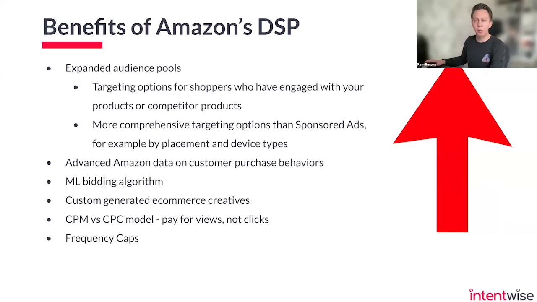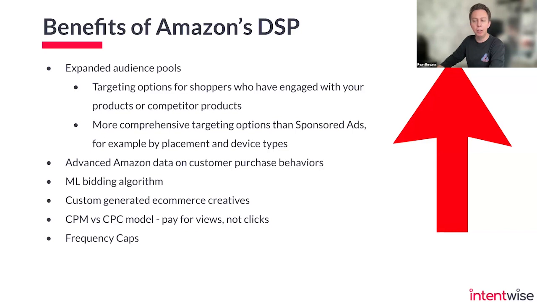Yeah. And what's really cool about those custom generated e-commerce creatives, and I'm not sure if we covered this in detail, is that Amazon will also change the appearance of those ads based on who they're showing it to, which is pretty cool. So, for example, if I was a shopper on Amazon who always liked to read reviews before I bought an item, Amazon would know that.